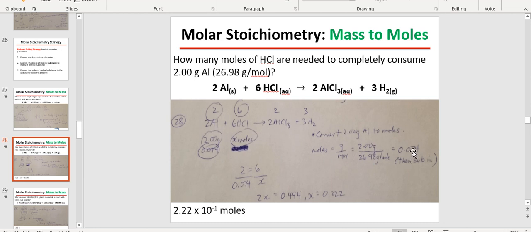Now you plug that in, and here's your box. And you get this answer here: 2.2 times 10 to the negative 1.